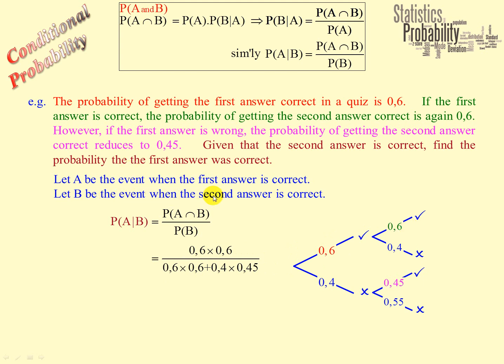And for the event where the second answer is correct, there are two ways the second answer is correct, there or there. So therefore, it's mutually exclusive. We have to say 0.6 times 0.6 plus 0.4 times 0.45. It's a double thing for probability of B correct. Two places. And that simplifies to 0.67.